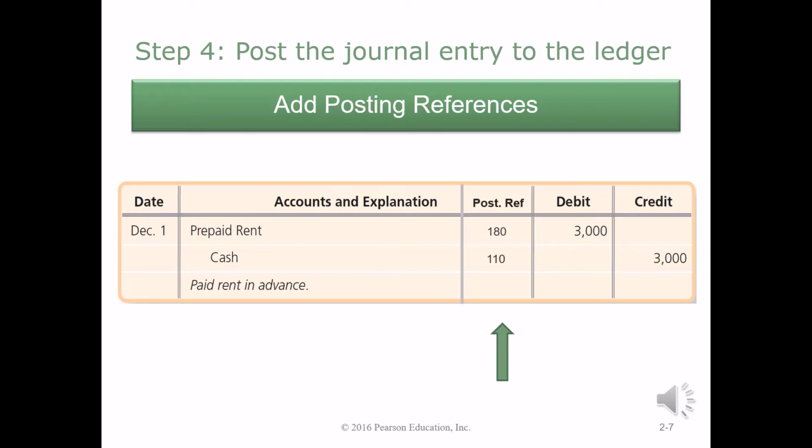So here we have a journal entry and our posting references. This indicates that we have already posted the $3,000 debit to prepaid rent and the $3,000 credit to our cash account. These numbers here are the account numbers associated with these accounts. Our cash account has the account number of 110, and our prepaid rent has the account number of 180.